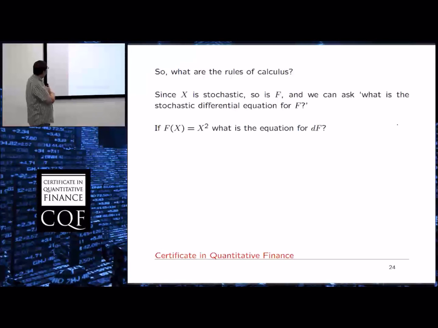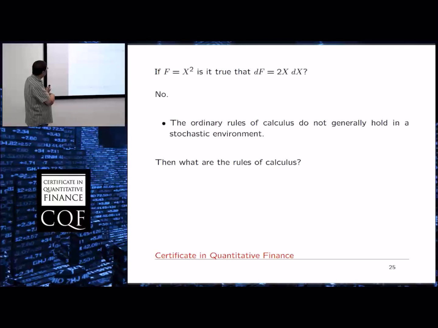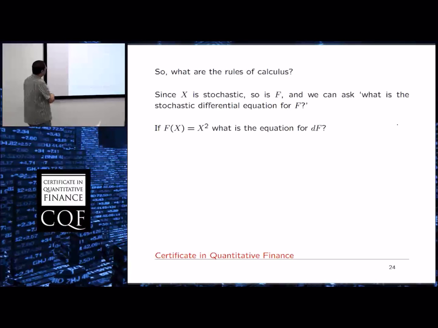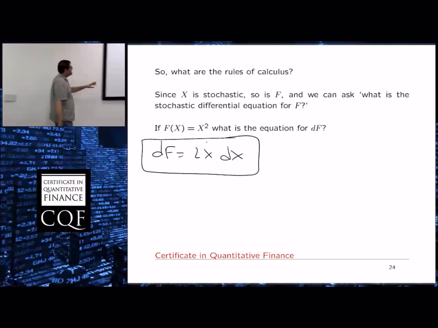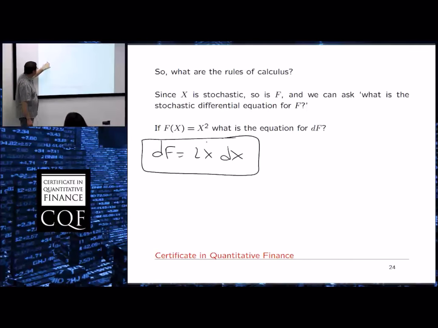So just one last thing before we actually go straight into Ito's lemma. What Paul's asking is that what are the rules of calculus? Let's have a quick look. Right. So what he's saying is that normally, suppose you've got a function like this, f is x squared. You would normally say that df is equal to 2x dx. Agreed? Obviously, you take the dx on the other side, so df by dx is equal to 2x.